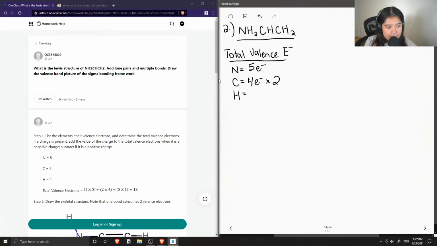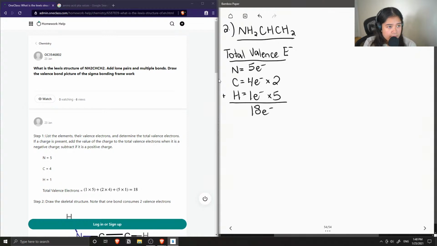And hydrogen has 1 valence electron, and there are 5 hydrogens, so we multiply this by 5. And if we add this up, we get a total of 18 valence electrons.